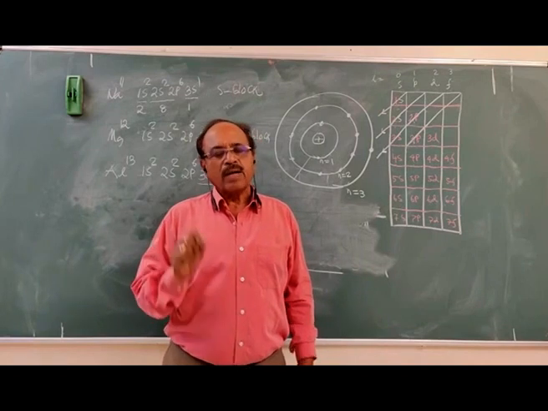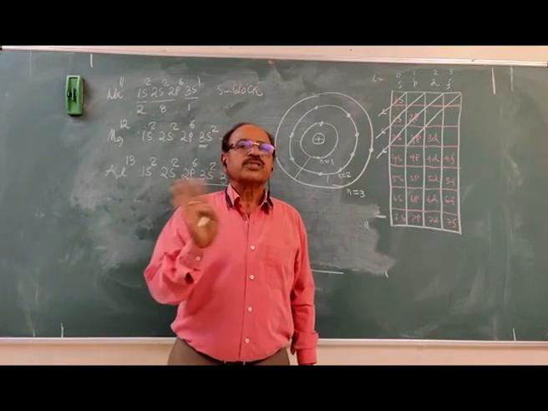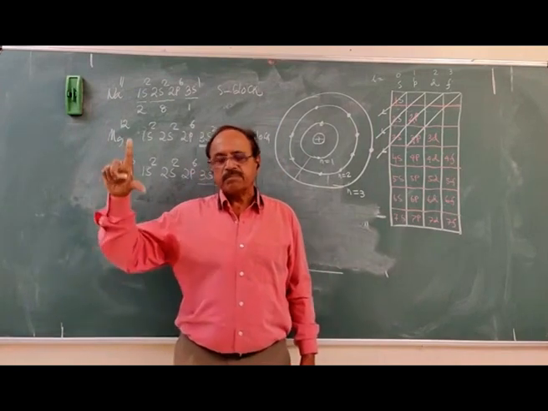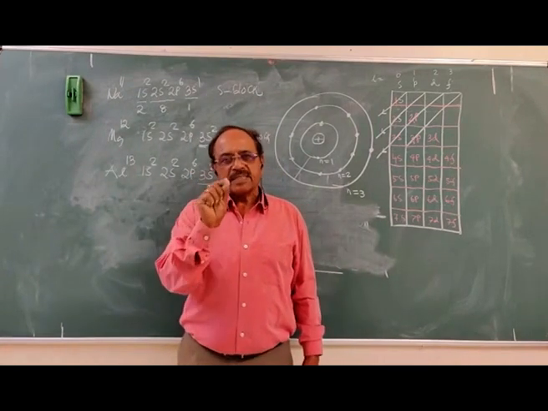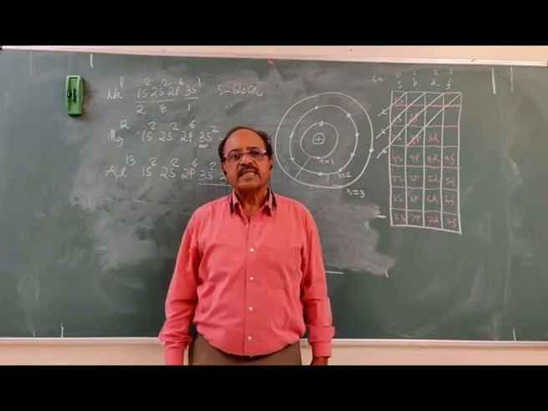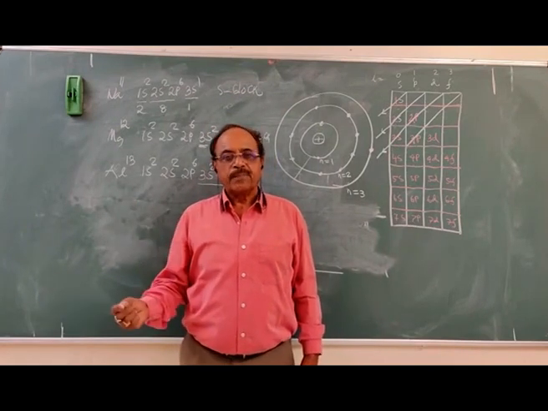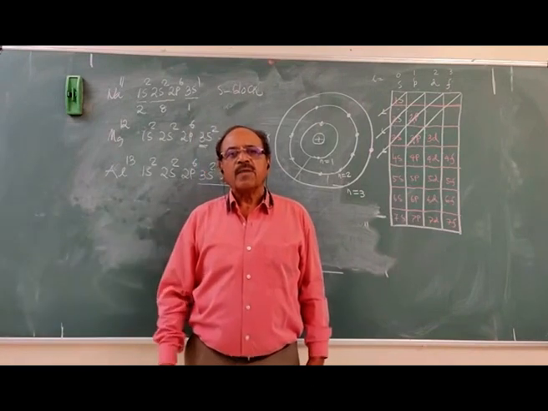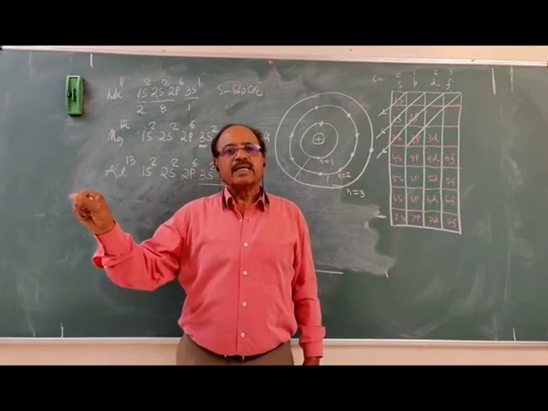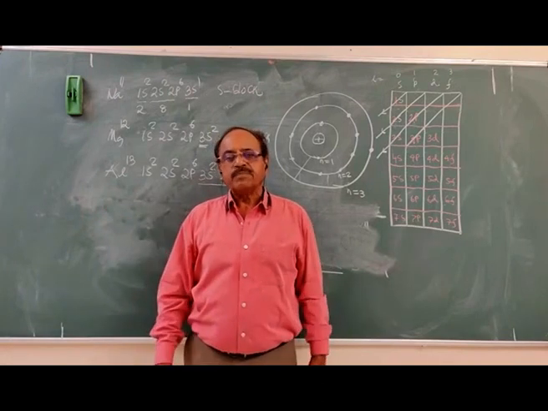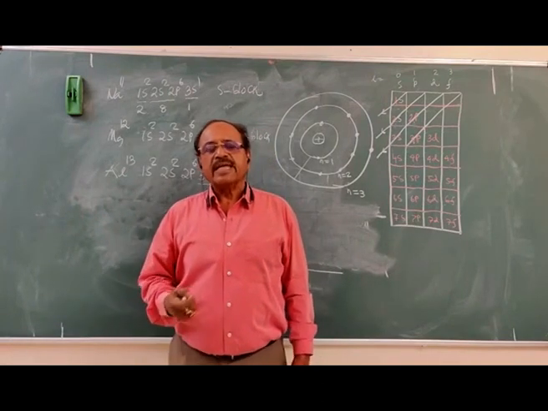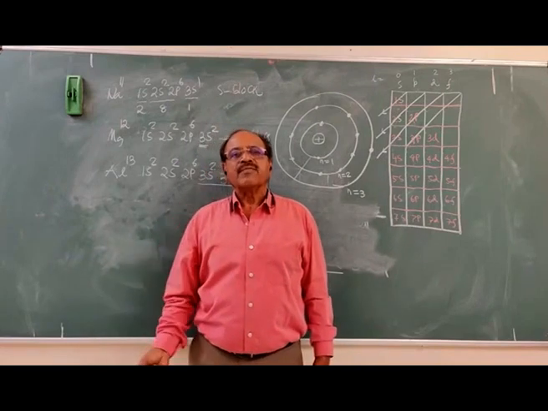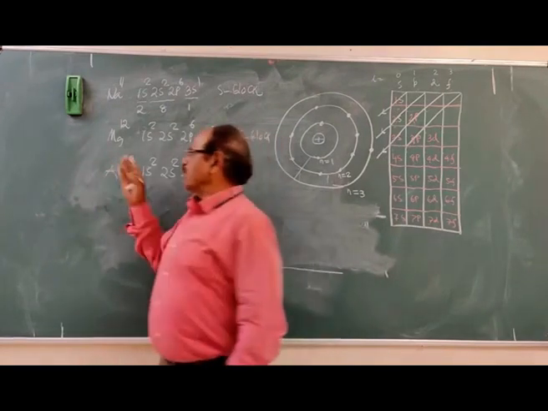The moment you come to valency, there is no sign. If you see my definition in my valency video, I started the definition of valency: valency is a number which explains the combining capacity of the atom of an element. I told you, number means a number will not have a sign. Number will not have a unit. Number cannot be a fraction.